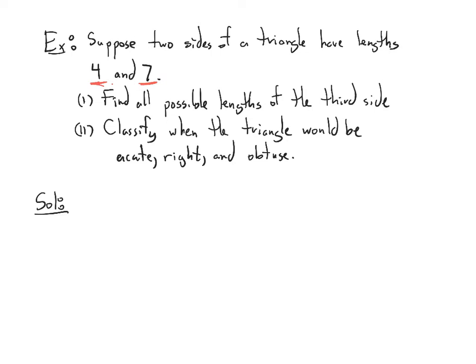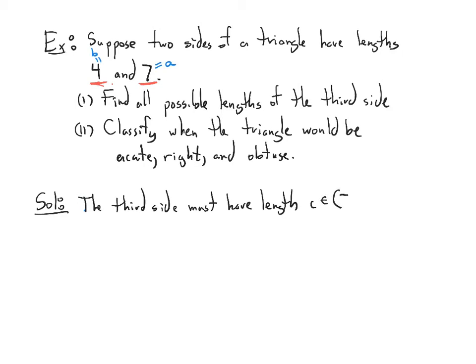Okay, now that you're back, well, we know we can call this side here 7, we'll call it A since it's the longer one, and we'll call 4 B. So we know the third side must have length, well, let's call it C, and it's somewhere in this interval.